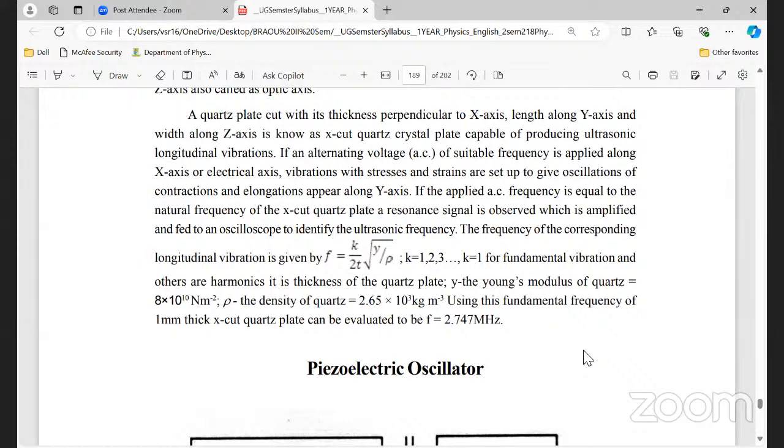For k equals 1, fundamental vibrations, and the others are harmonics. t is the thickness of the quartz plate, where Y is the Young's modulus, and that value is 8 × 10^10 Newton per meter square, and rho is the density of the quartz crystal.